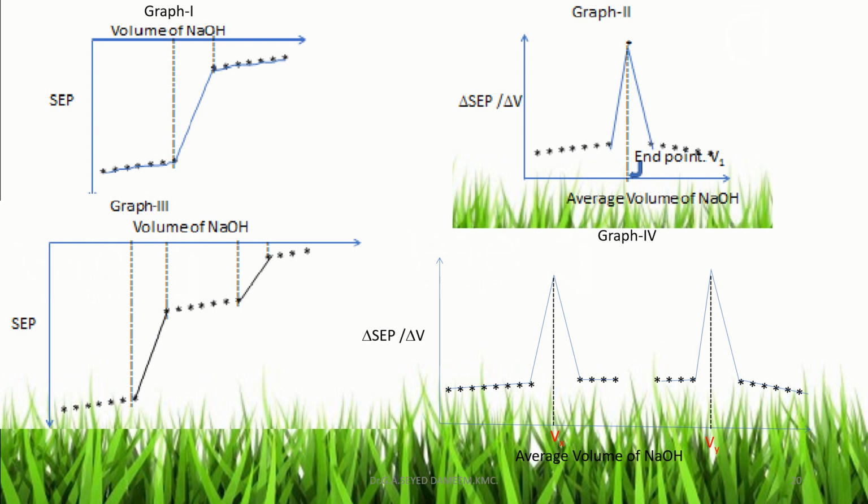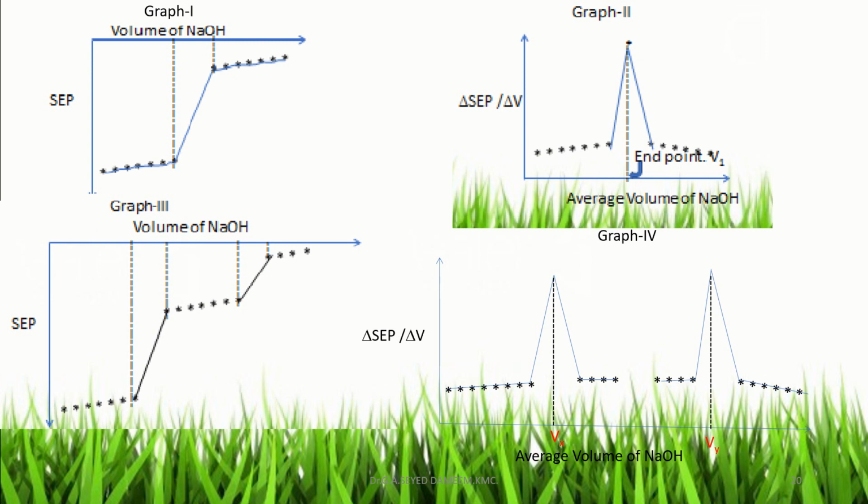Graph 2 is obtained using table 3. It clearly shows the endpoint, that is a peak, and the volume of sodium hydroxide corresponding to the peak is the volume required to neutralize 20 ml of standard acid.